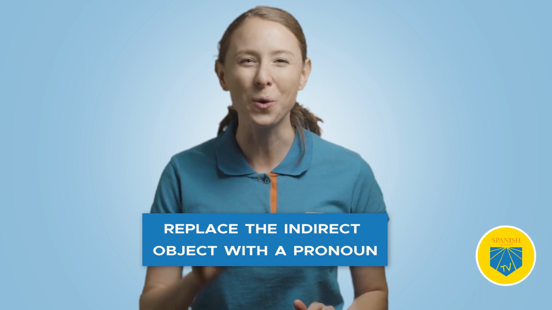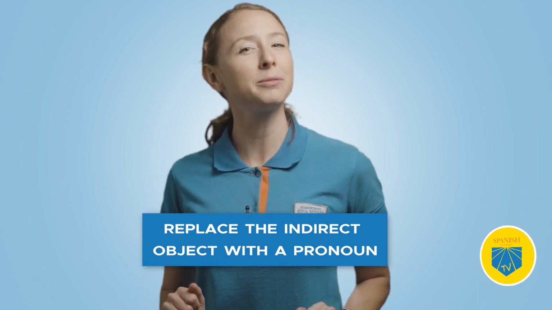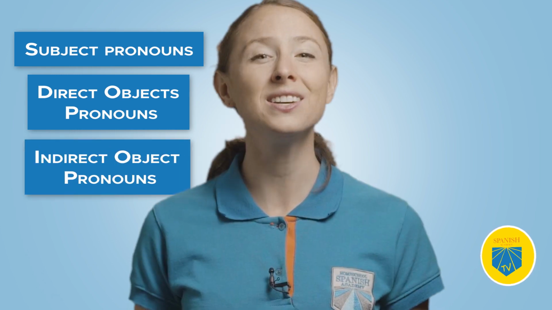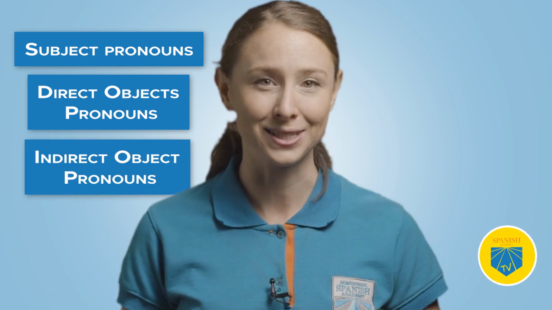Great! Because now is when things get interesting. In Spanish, you can replace the indirect object with a pronoun. Let me remind you that there are 3 types of pronouns in Spanish: subject pronouns, direct object pronouns, indirect object pronouns.